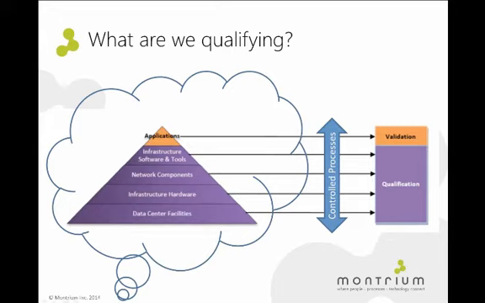Now, the purpose of the guideline is to assist life science customers in establishing a qualification strategy for the Azure platform. The target audience is any regulated customer within the life sciences industry that is aiming to use the Azure platform to host GXP regulated systems.